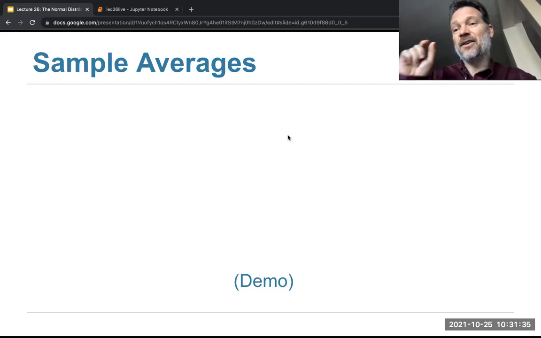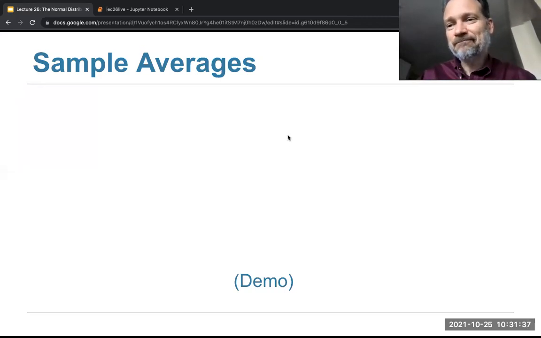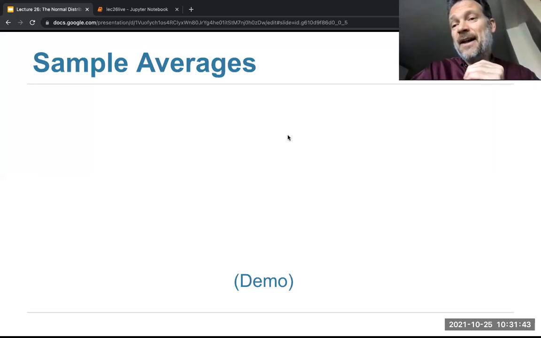That average is called a sample average. We call it a sample average to distinguish that from the average of all the values in the population. The average of all the values in the population is called a population average.